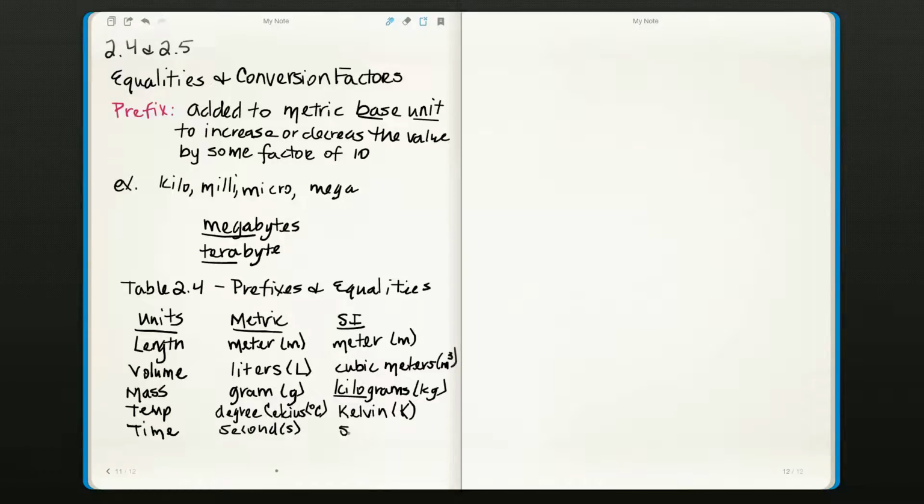And the SI unit is also seconds. Okay, so that's just a brief refresher on what the measurement type is and their unit.